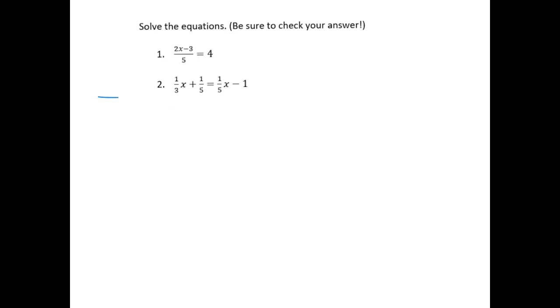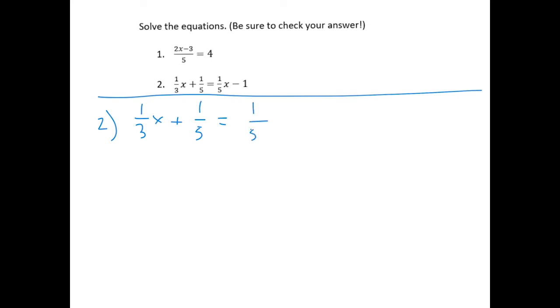Okay, let's do number 2. And once again, don't forget the motto, kill the fractions. I have 1/3 x plus 1/5 equals 1/5 x minus 1. So my denominators are 3, 5, and 1. So the least common denominator would be 15.